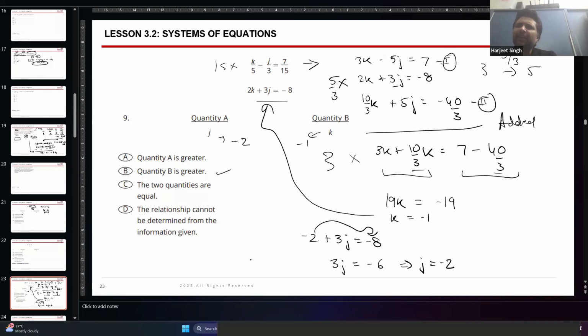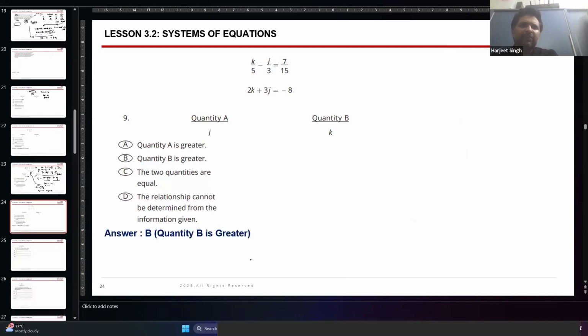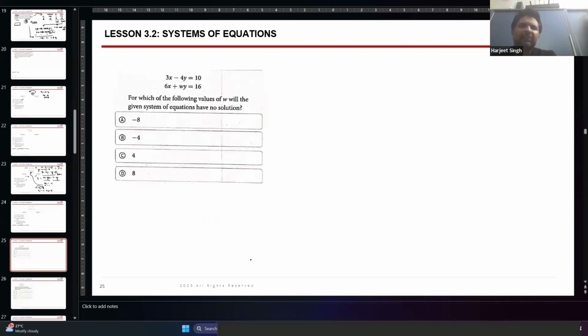I generally like combinations. It's slightly faster than writing one variable as a function of the other and then substituting. I don't like substitution, but whatever suits you, you can keep solving and figuring out what is best for you. This is faster generally.